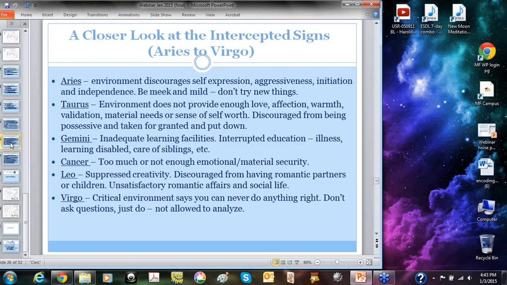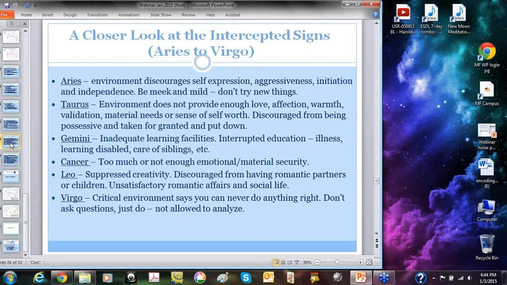Gemini, what is held back is some kind of early learning, some kind of education. It could be through an illness, a disability, or the need to care for a sibling. So you kind of see how we're working with this energy and trying to give you a sense of how that energy is being held back.